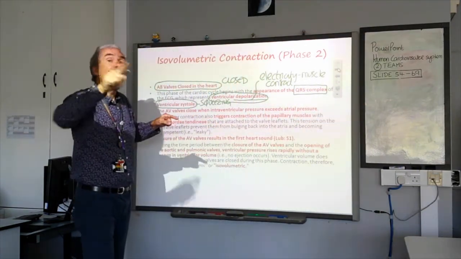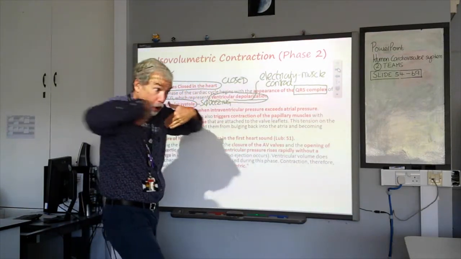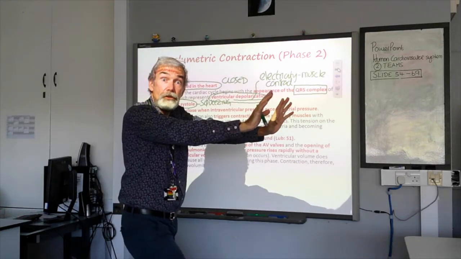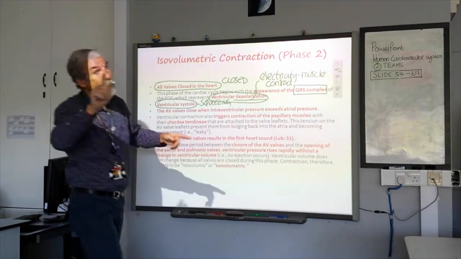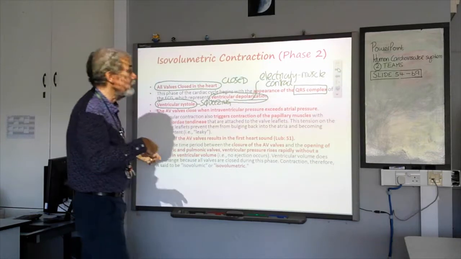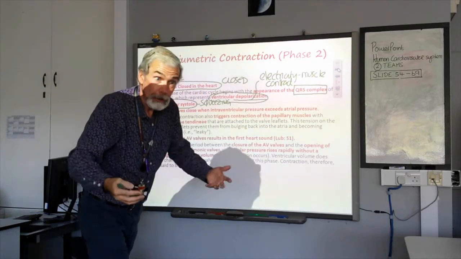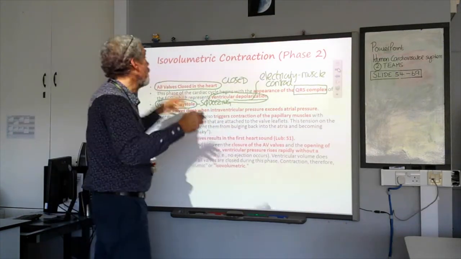But the AV valves basically get forced, pushed, closed as the blood rushes back towards the atria. It literally forces them closed. Bang! And we all now know that our first heart sound that we can listen to, which is low, is made by those AV valves slamming closed.